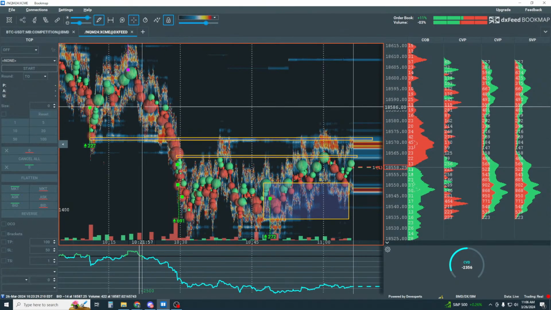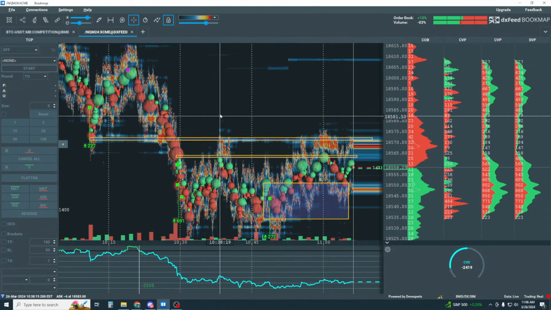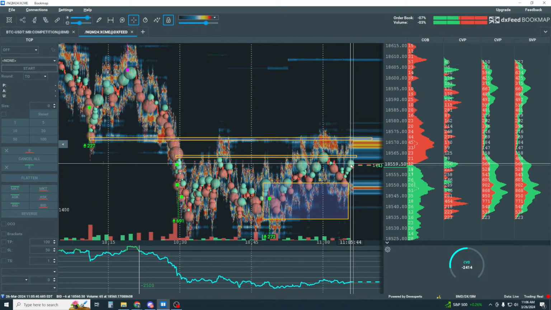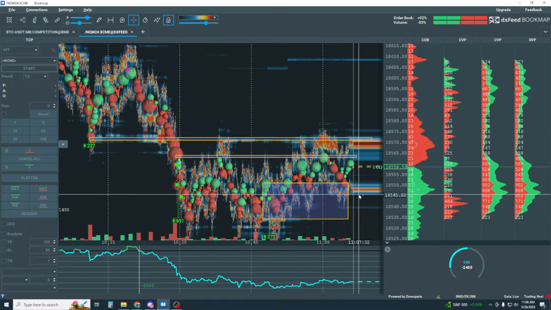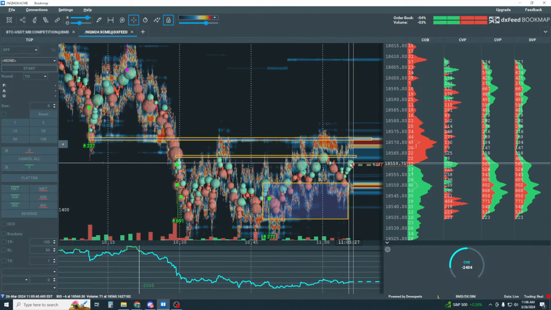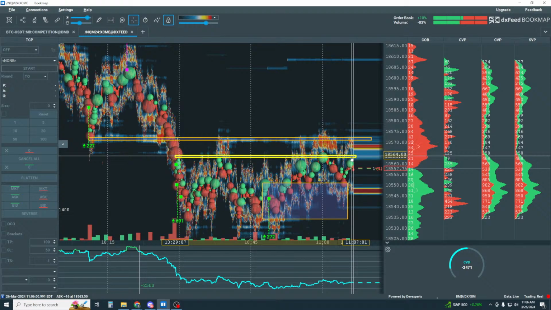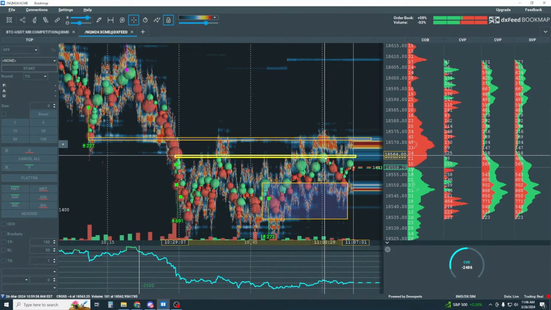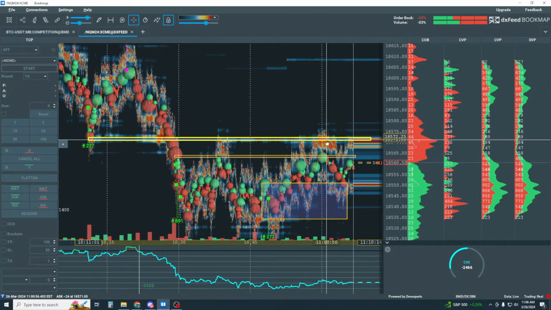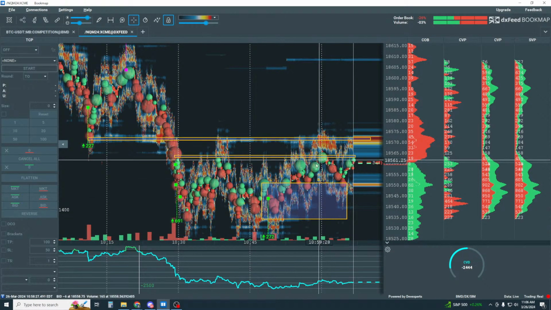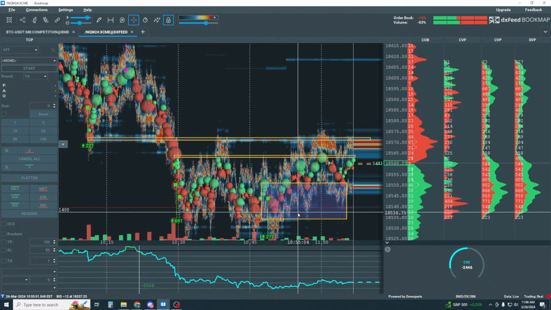So this is still on in NQ in my book. I'm still looking for these buyers in here, trying to reach back up to here, and only up to here for now. Then I want to see if they can carry it on through up to this level up here, and I see liquidity in there already. So I would look for that.